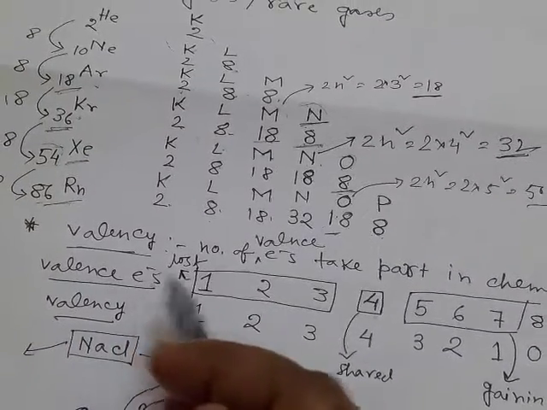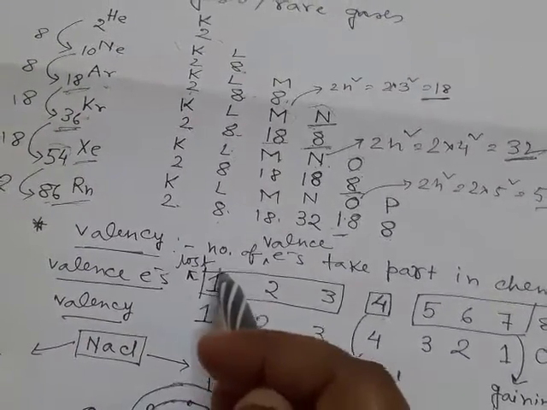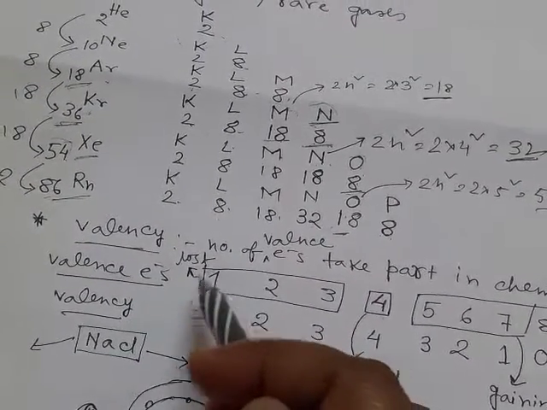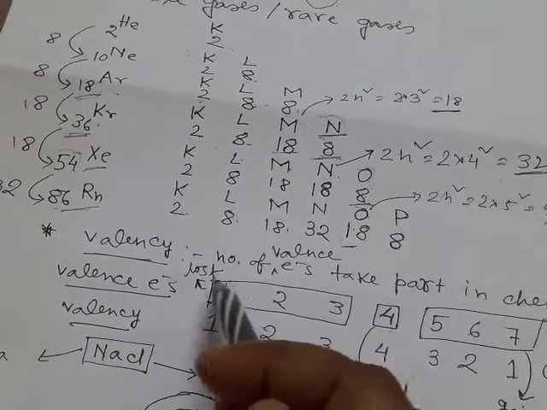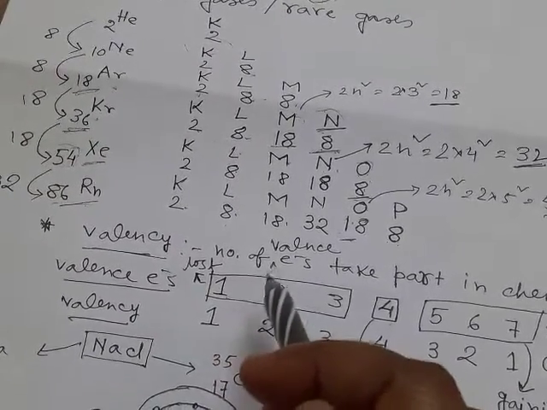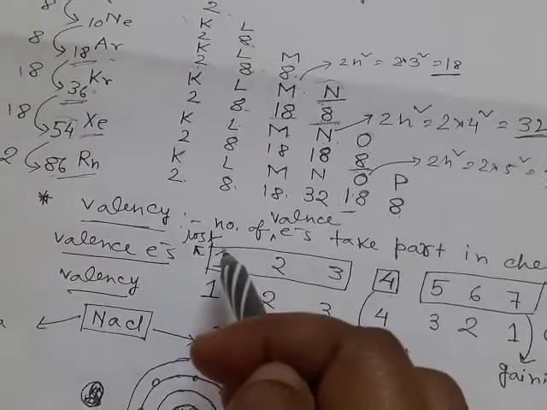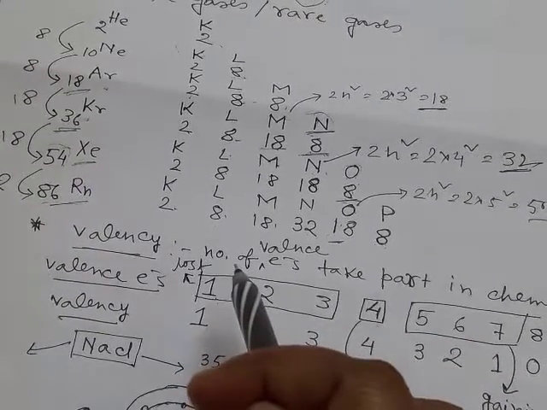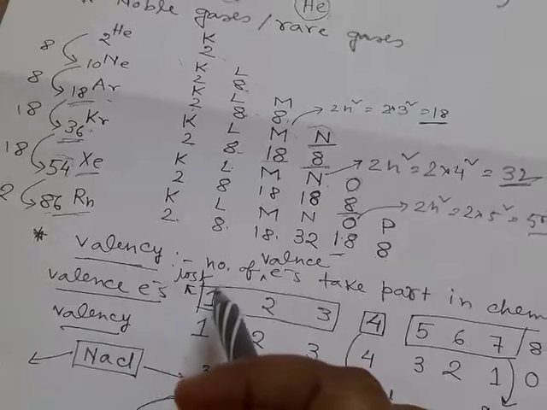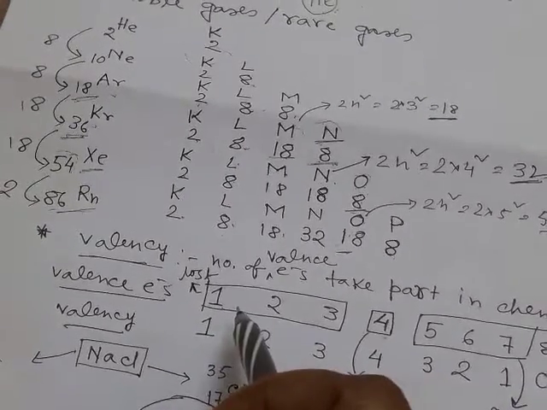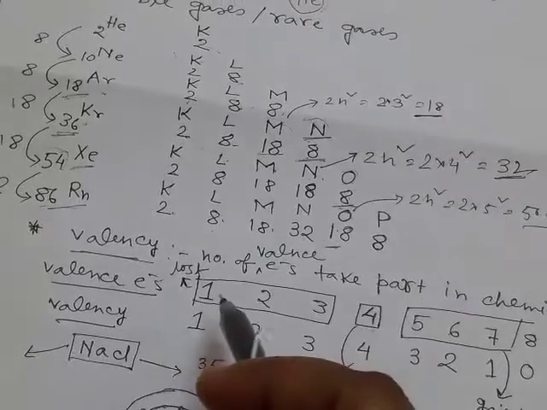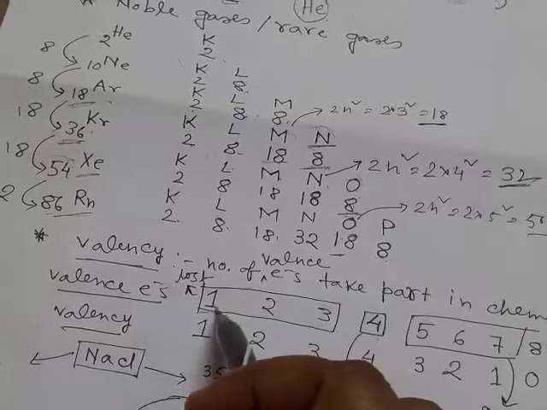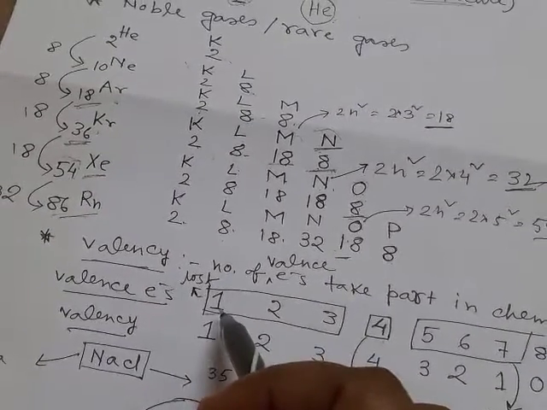For example, if 1 valence electron is present, that is 1 electron is present in the outermost orbit, then this electron will be lost to get the stable configuration, because when 1 electron is present at the outermost orbit, then in the next inner orbit there will be 8 electrons according to the octet rule, and so this atom will lose this 1 electron to get the stable configuration.